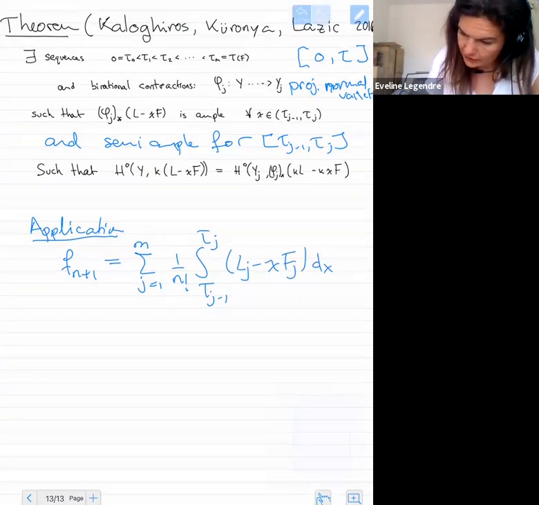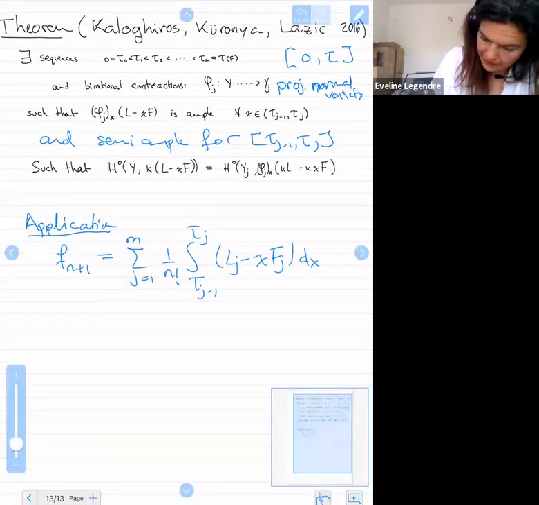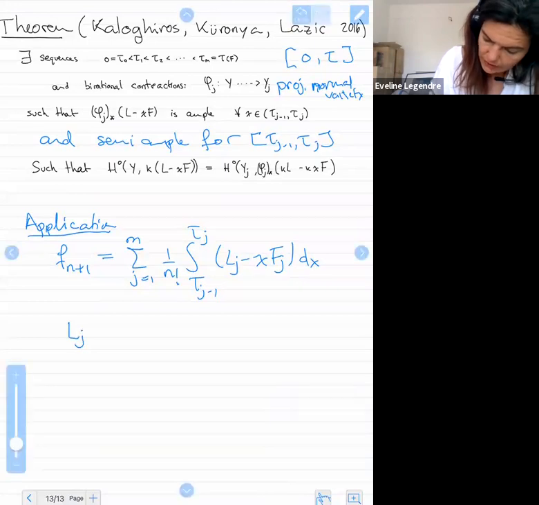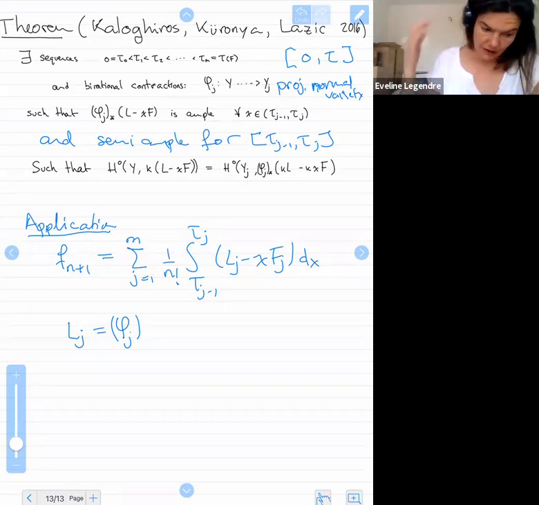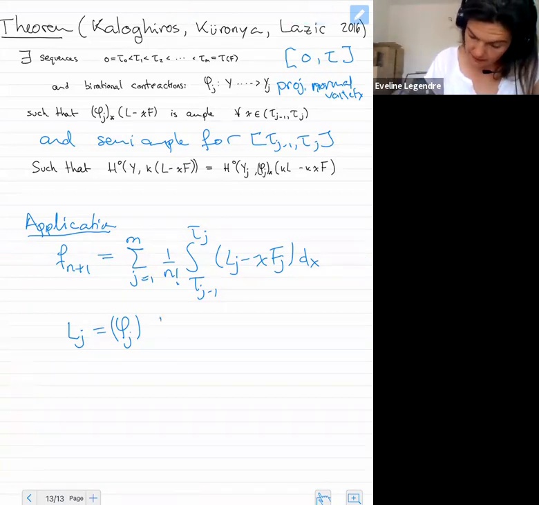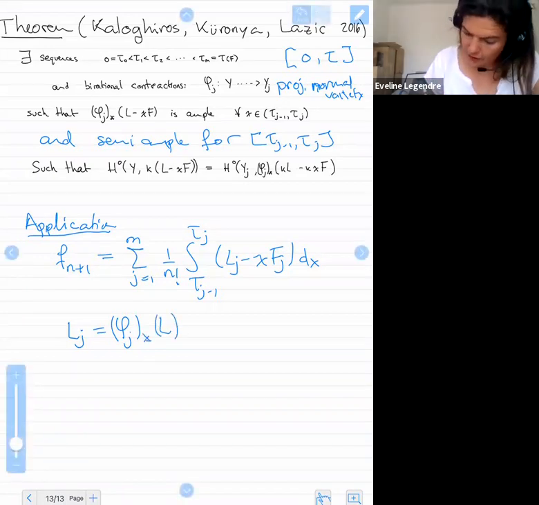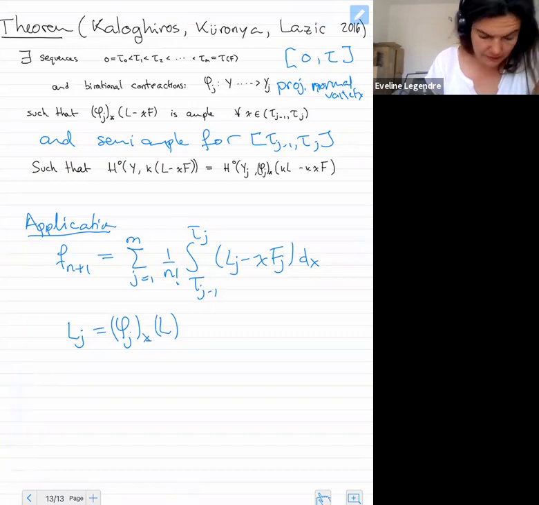I think I forgot to define L_j. So L_j would just be the pullback of L, right?